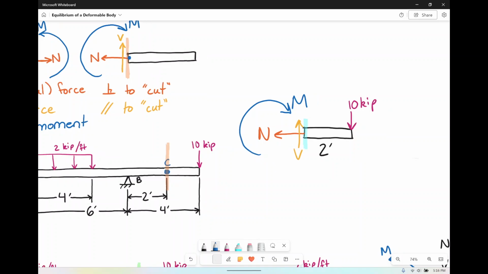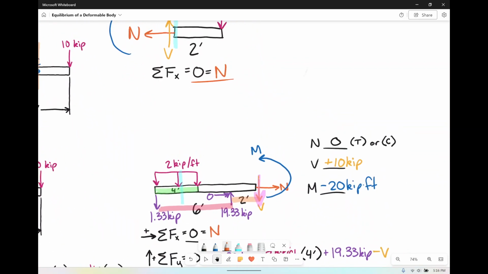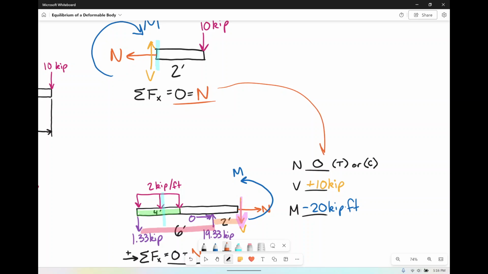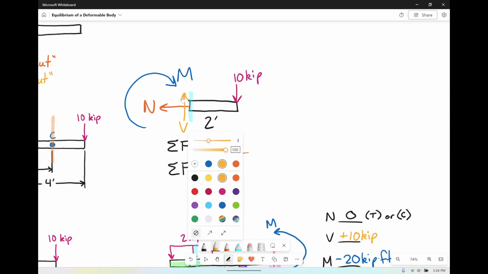Isn't that lovely? So now all you actually had to do was sum the forces in the X and realize that the only thing you have is technically just the normal force. So yet again, notice that our normal force was still 0. That's great. Probably shouldn't draw all over that. But anyway, next up, we're going to sum the forces in the Y direction and set it equal to 0. If I go left to right, the first thing that I have is my shear force.